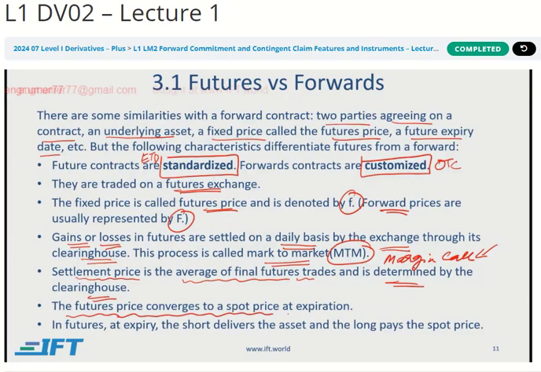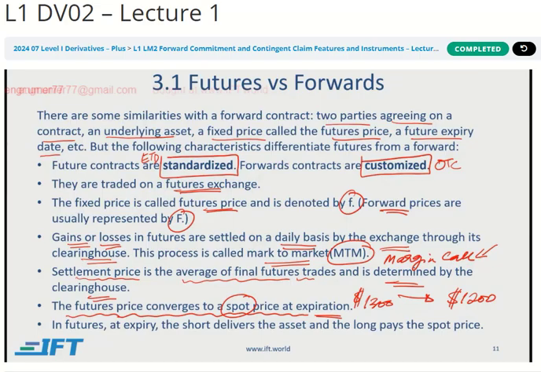What happens when the expiration of the contract comes close? So let's say we started a contract to buy gold at $1,300 per ounce, and when the contract is about to expire, the price of gold is $1,200. So this contract price, with each passing day as the contract comes close to expiry, will converge, it will come to the same price as the spot price at the time of expiration.